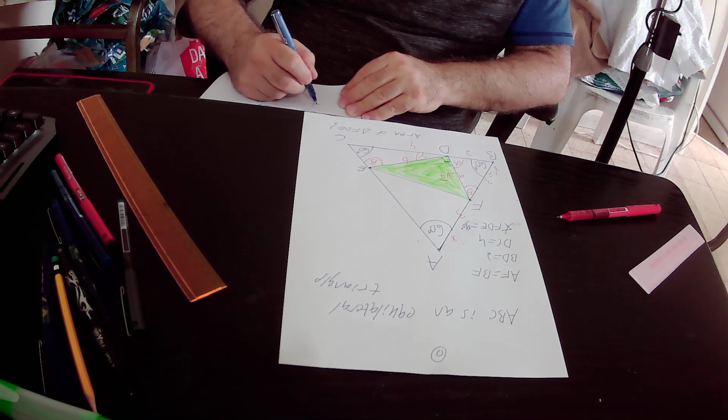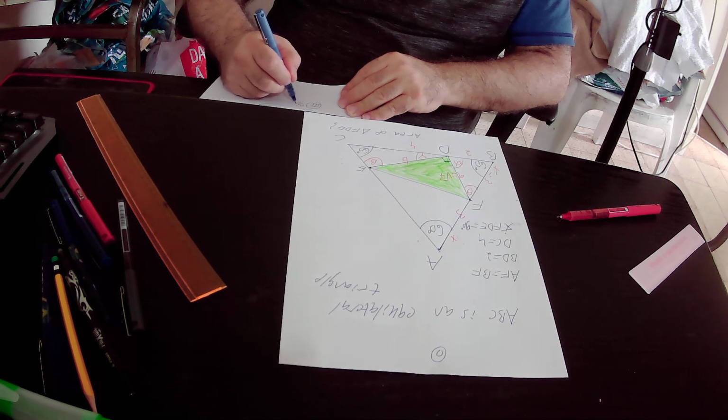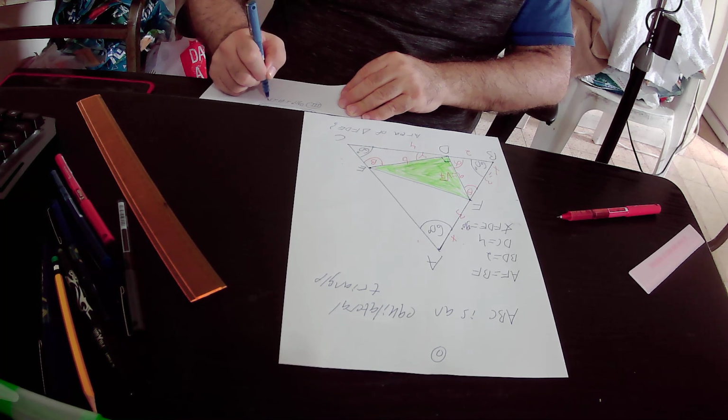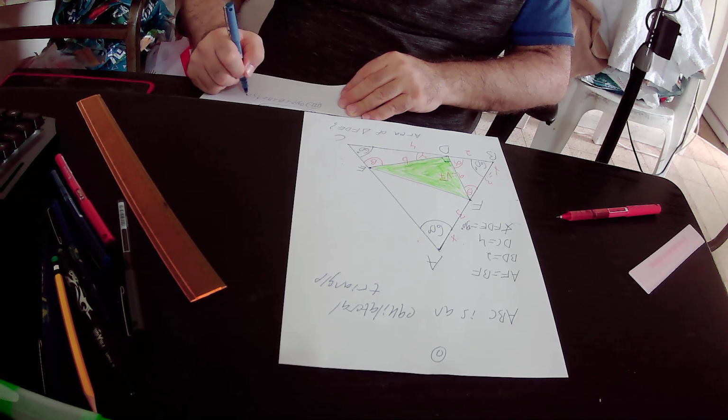We'll get that 90 degrees plus theta plus beta equals 150 degrees.